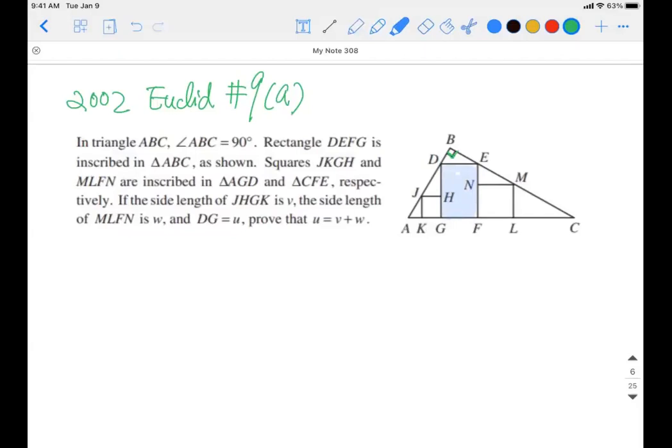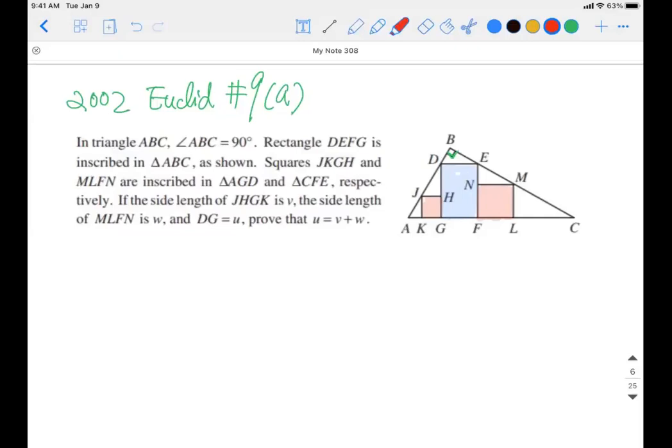As shown, you have two squares, JKGH. This one is a square, the little red one is a square. And also MLFN, this one is also a square.